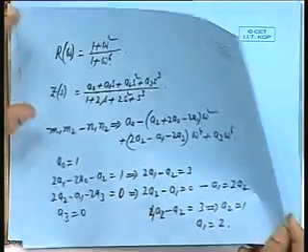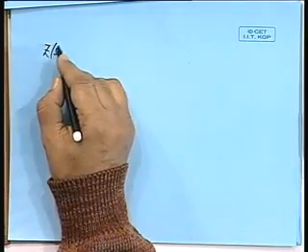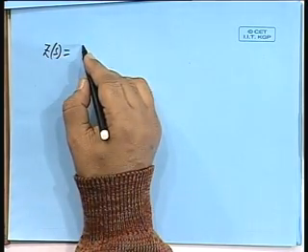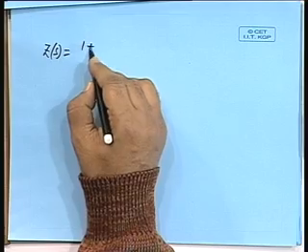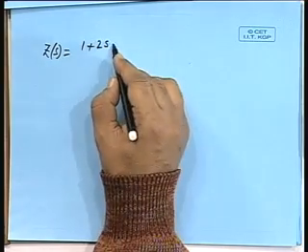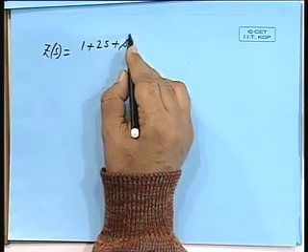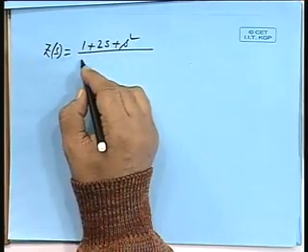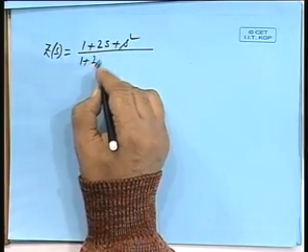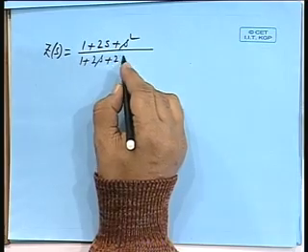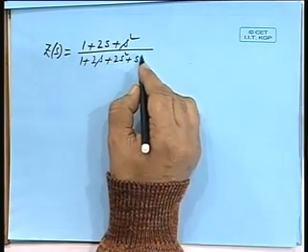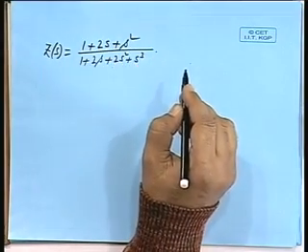So what will be the polynomial now? Zs will be 1 plus twice s plus a2 is 1 s squared divided by 1 plus 2s plus 2s squared plus s cube.